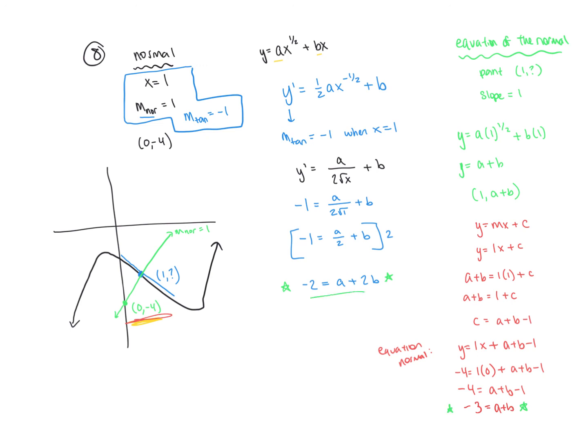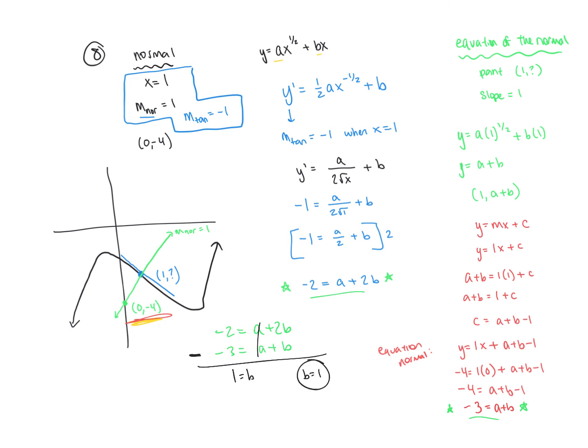Now I'm going to solve my system of equations by elimination. We have -2 equals a plus 2b, and -3 equals a plus b. If I subtract these, my a's should eliminate. -2 minus -3 is 1. a minus a cancels, and 2b minus b is b.